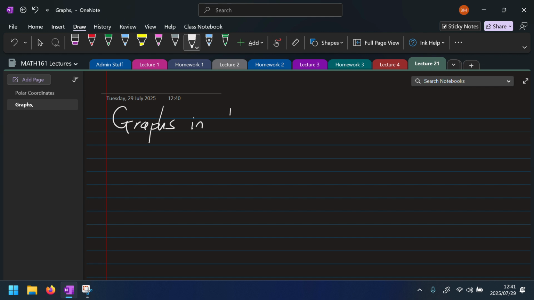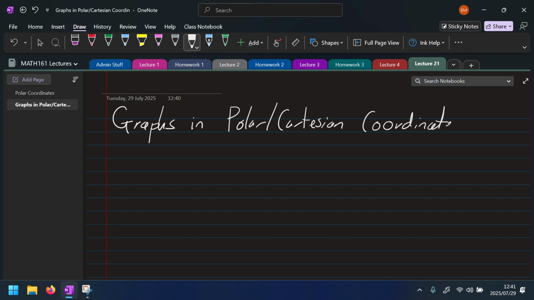Okay, so graphs in polar and Cartesian coordinates. Again, in Cartesian, we have the graph y as a function of x. In polar, we now have the graph as r as a function of theta.